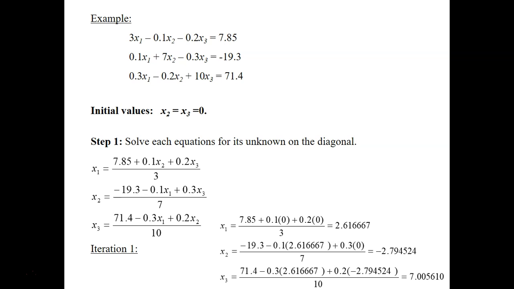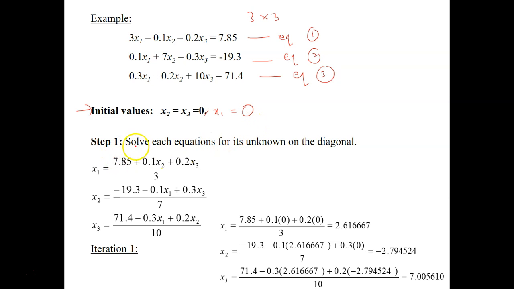Okay, all right, so this is an example. Given here is a 3 times 3 linear equation. This is equation 1, this is equation 2, and this is equation 3. All right, so initial values we have to set, and we assume x1, x2, and x3 will be equal to 0.